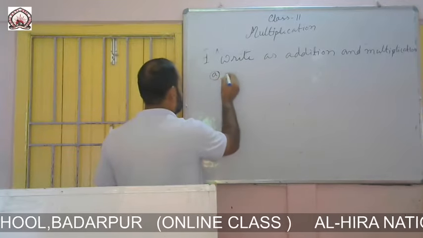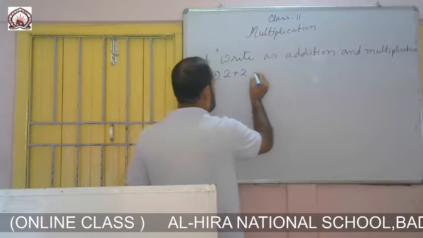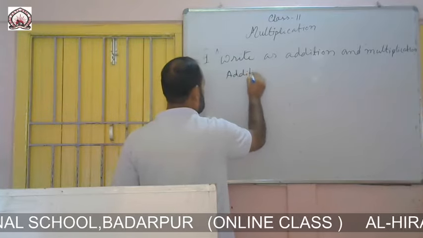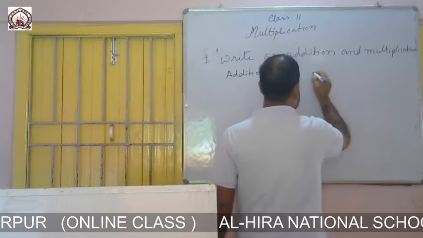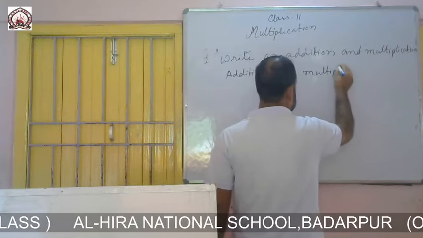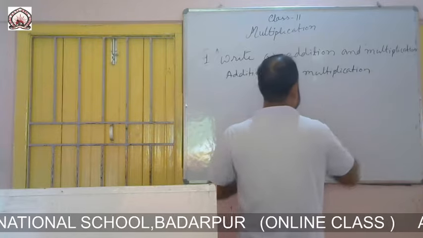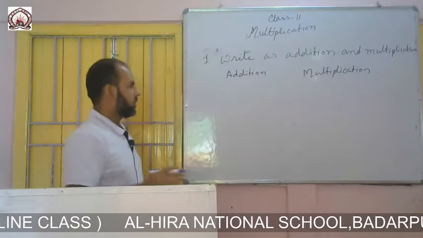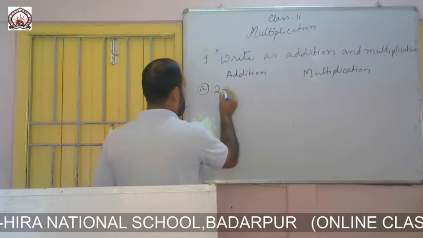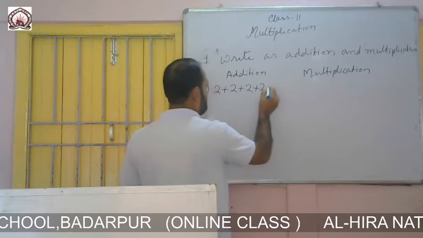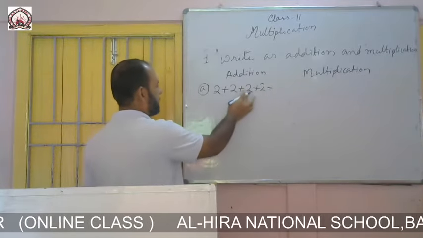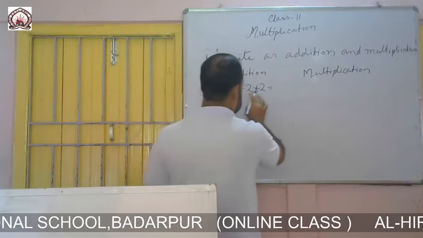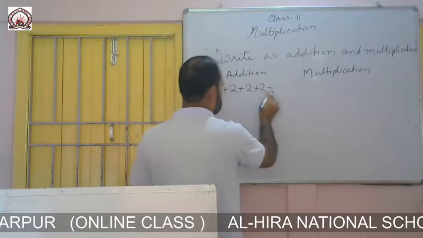Question number A. 2 plus 2 plus 2 plus 2 equal to 2 how many times? 1, 2, 3, 4 times. 2 plus 2 is 4, 4 plus 2 is 6, 6 plus 2 is 8.